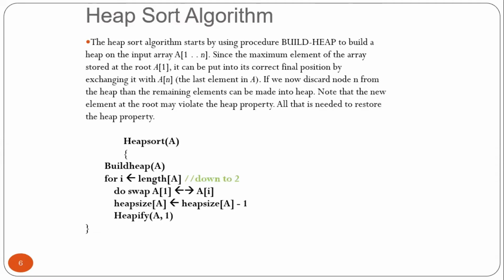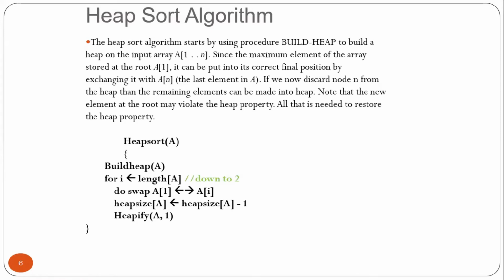Then in the heap sort algorithm, first of all we have to build the heap. Then we have to start from n down to the level one above the non-leaf nodes, and we will perform the heapify. Wherever the swapping is required, we will do that. Suppose we are having 1 as a parent, 2 and 3 as child nodes.